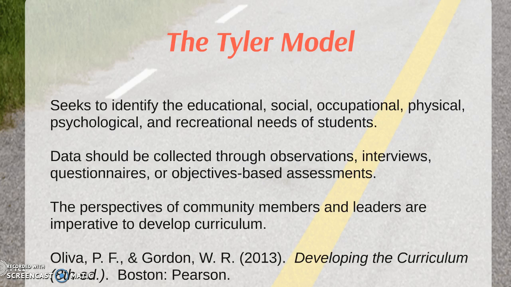Data are gathered through interviews, observations, assessments, and questionnaires. There are multiple ways of gathering data, and the perspectives of community members and leaders are also utilized to develop the curriculum. You will see that as I go through this program.